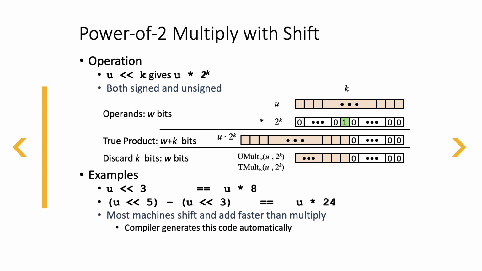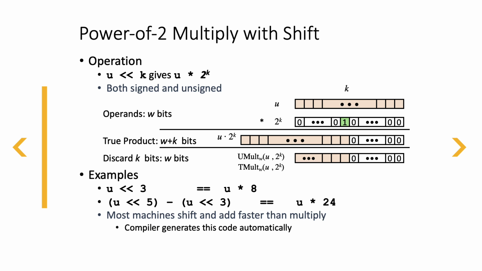If I want to multiply by 8, instead of actually doing multiplication to do u times 8, I can just left shift u by 3. That's going to give me u times 2 cubed, which is u times 8. I can even combine shifts and adds or subtracts to multiply by values that aren't actually exponents of 2.